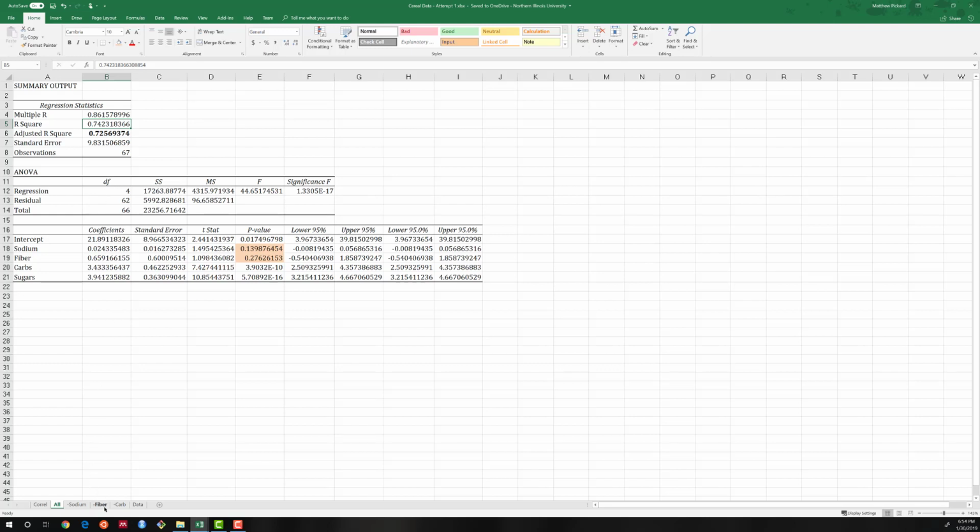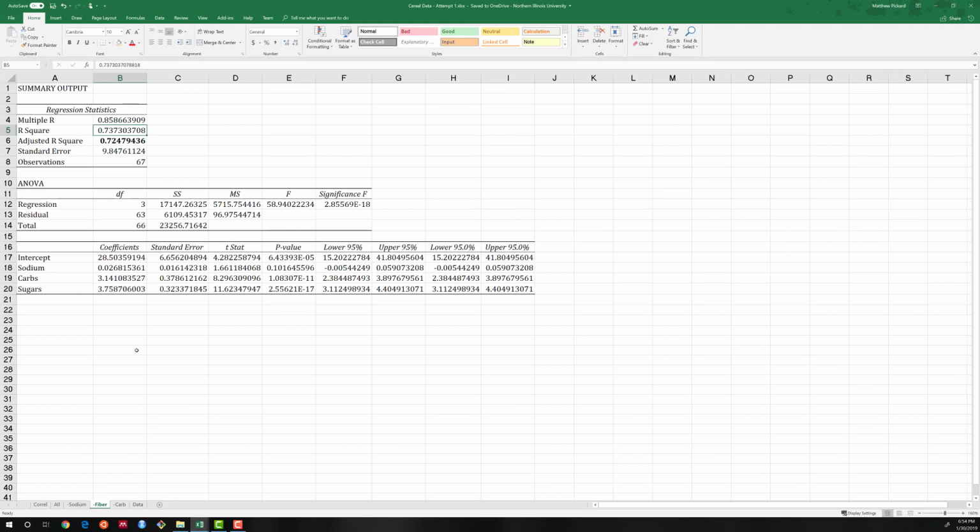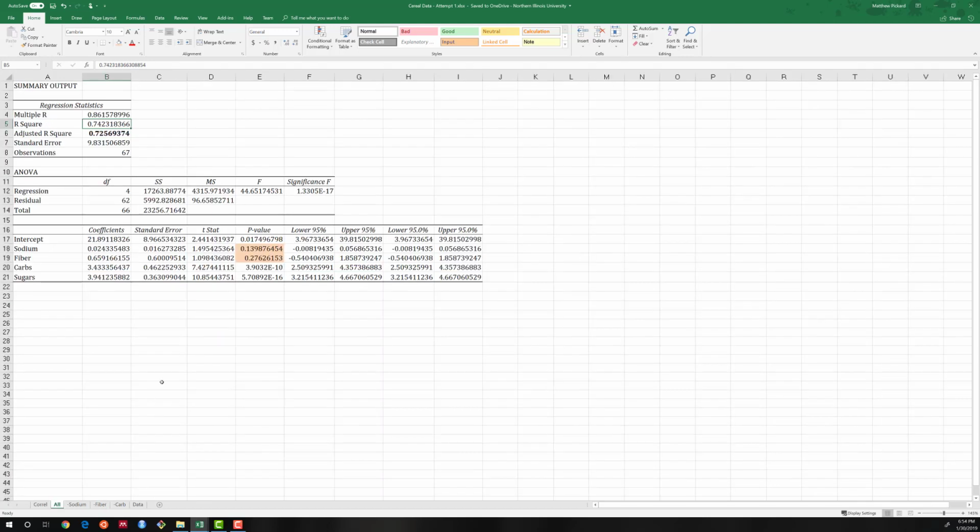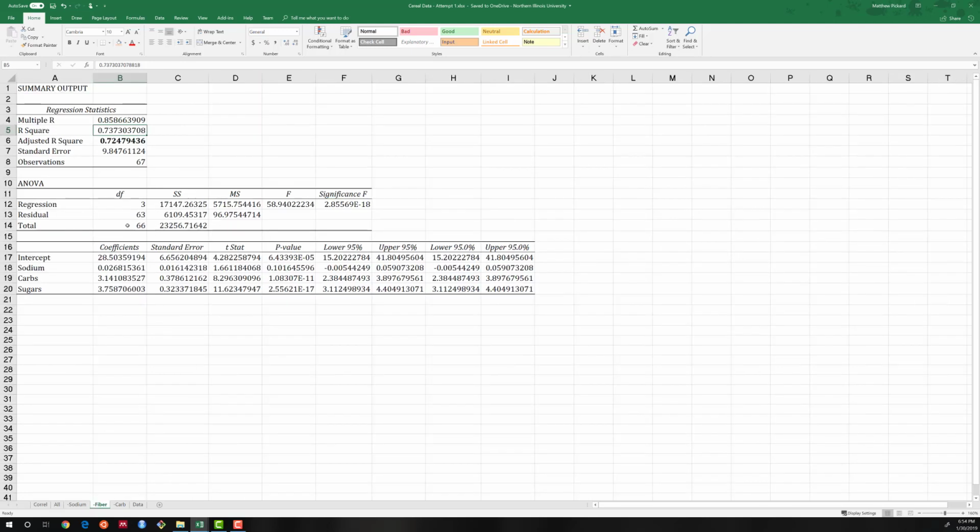So in the spirit of parsimony, we might argue we've got enough evidence here. If you look back here at the fiber p-value, it is well above 0.05. When we took it out, our adjusted r-squared only went down to 0.724. And so maybe it's not adding that much to the model.